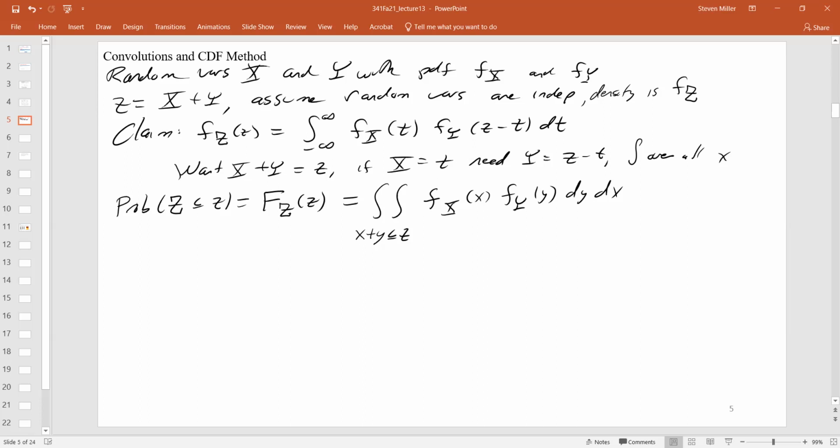How can we do that? This is the same as the integral with x going from -infinity to infinity. Now, if x goes from -infinity to infinity, how large can y go?